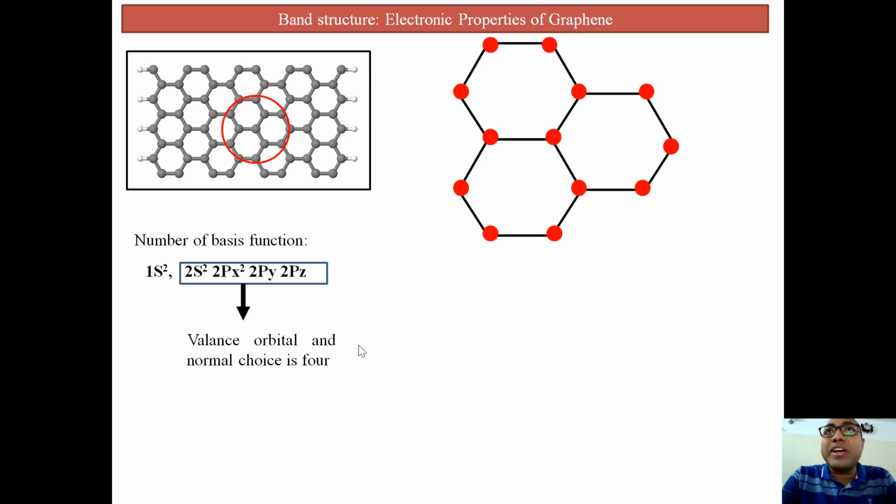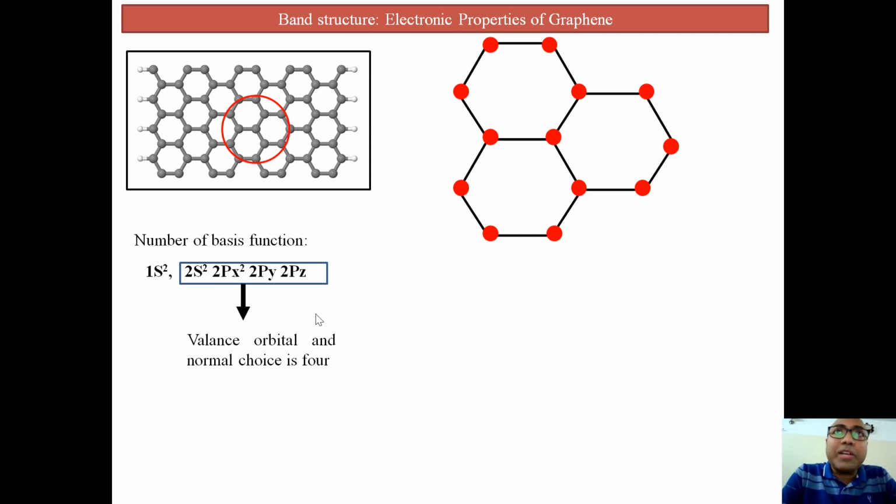That could be our basis function, because for electrical engineering, most of the electrons are free electrons trying to flow through the crystal, through the valence positions. Or you can see it another way: whatever electron exchange or chemical exchange is happening is through the valence sites, correct? So in that case, how many basis functions do we have? 2s and the three 2p, so 4. This is actually a good choice, 4.